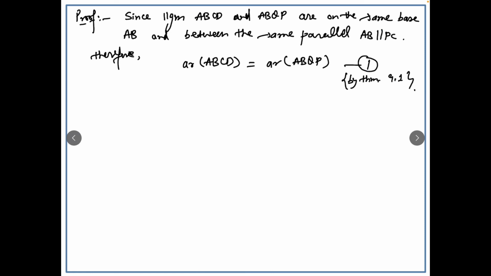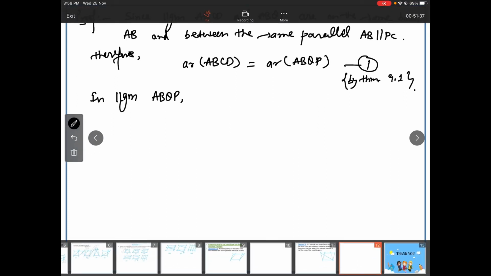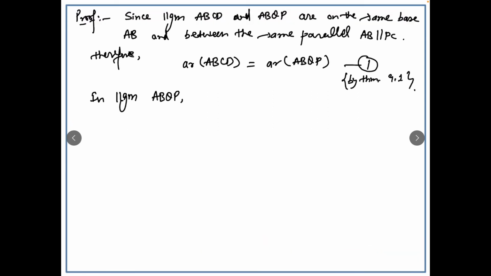Okay, so in parallelogram ABQP, PB is a diagonal.